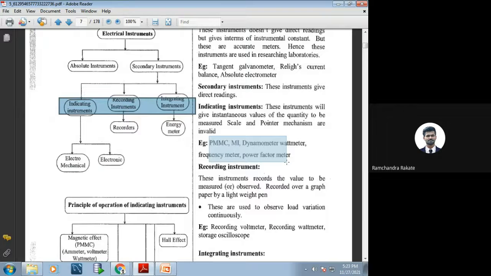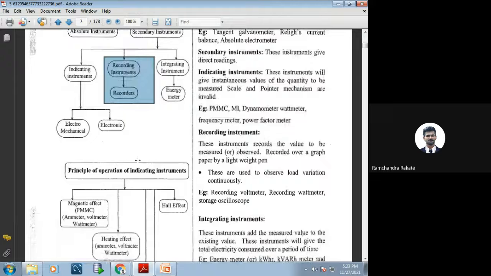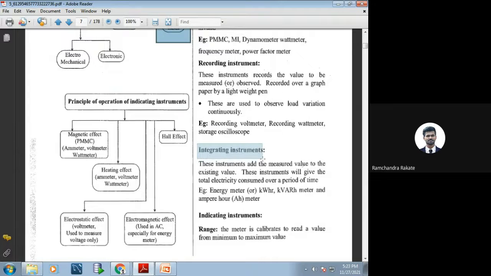Recording instruments include recording voltmeter, recording wattmeter, and storage oscilloscope. And the third, integrating instruments, are the energy meter, kilowatt hour meter, and ampere hour meter.